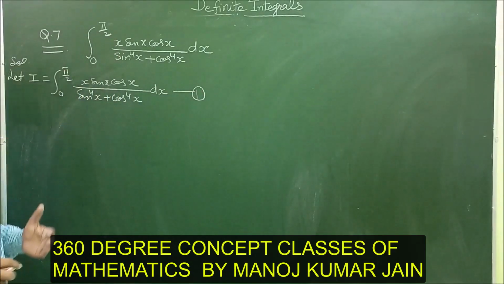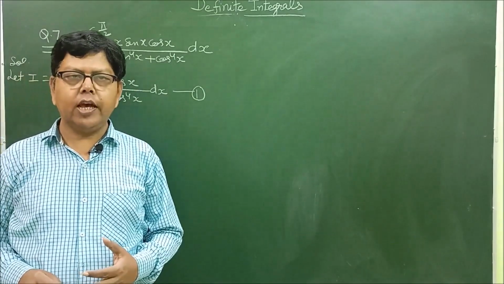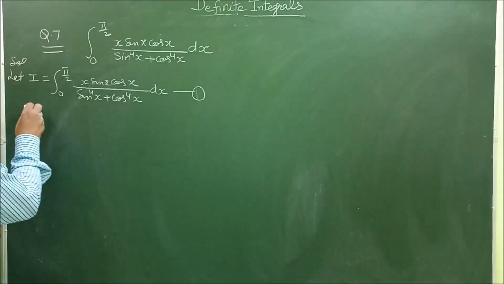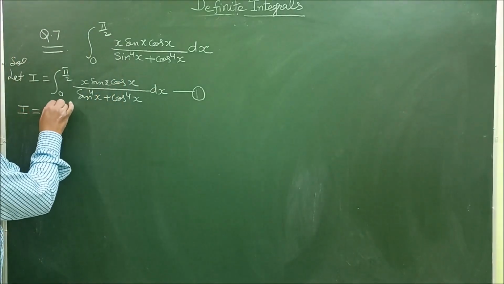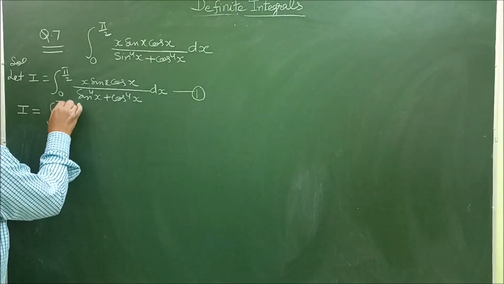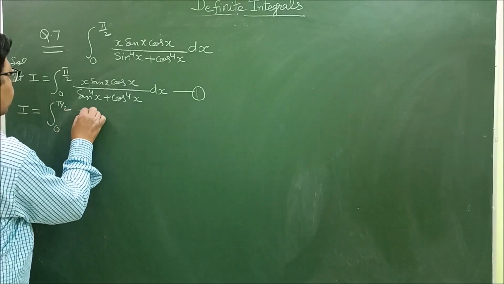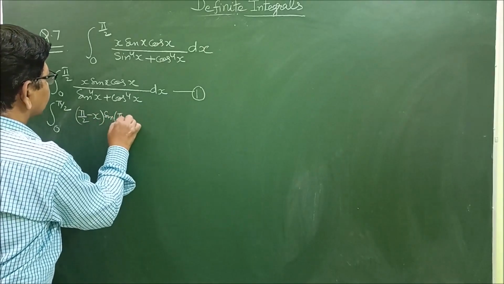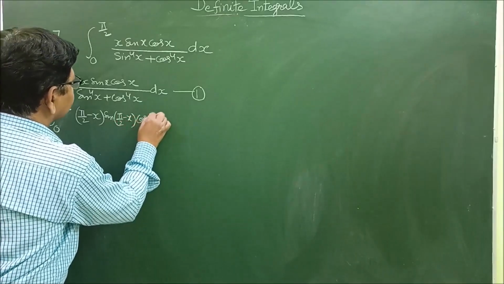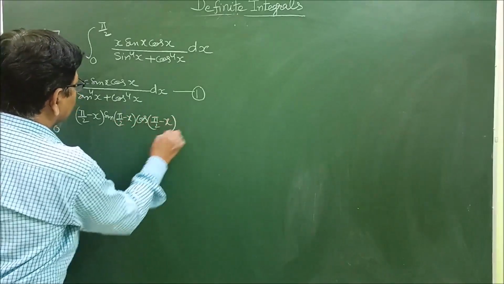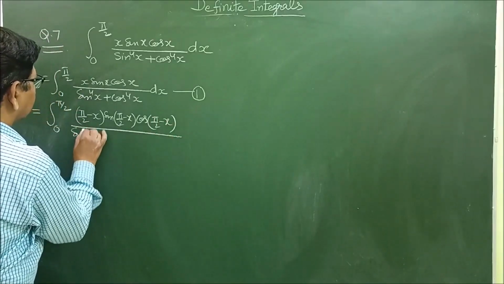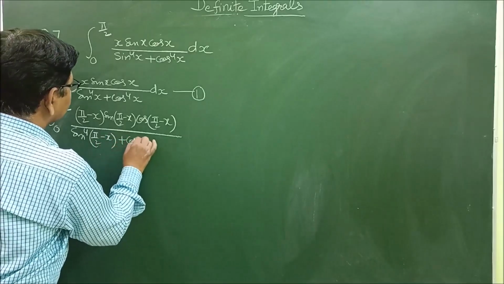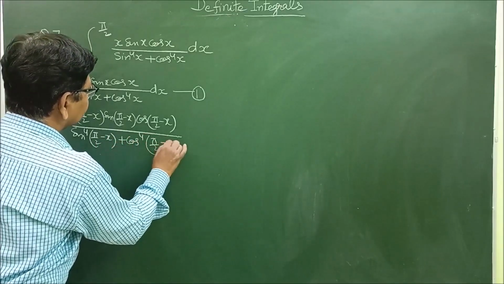Now using the property integral 0 to a f(x) dx is equal to integral 0 to a f(a minus x) dx to remove x, that value will also be equal to I, integral 0 to pi by 2, where x is replaced by pi by 2 minus x: sin of pi by 2 minus x, cos of pi by 2 minus x, upon, in the denominator, sin raised to the power 4 of pi by 2 minus x plus cos raised to the power 4 of pi by 2 minus x dx.